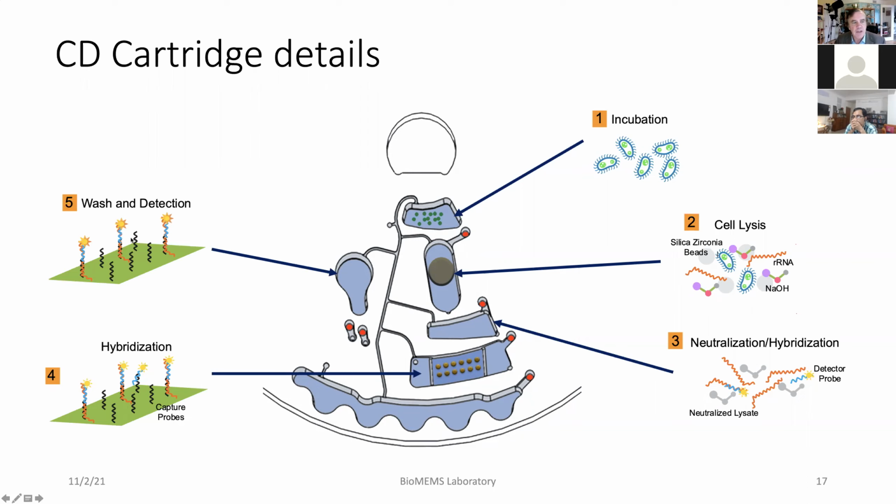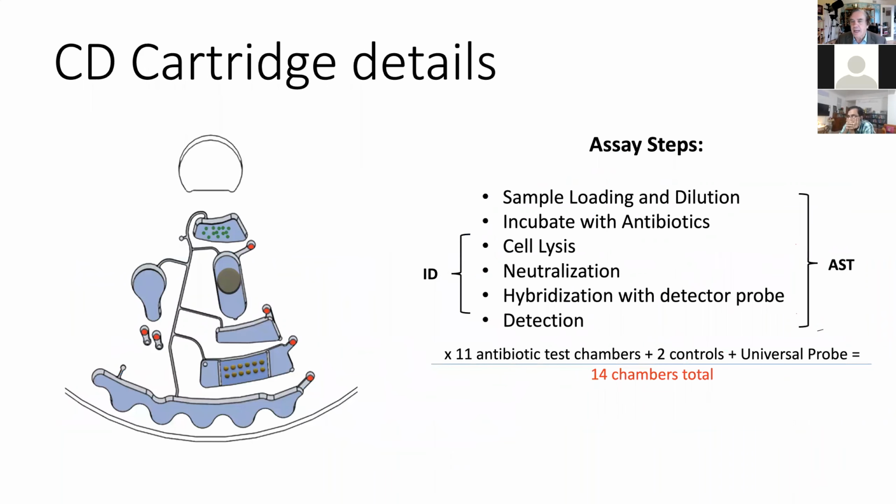After hybridization, I do some washing to get rid of unselectively bonded material, and I do the detection. So assay steps for identification: cell lysis, neutralization, hybridization with detector probe, detection.